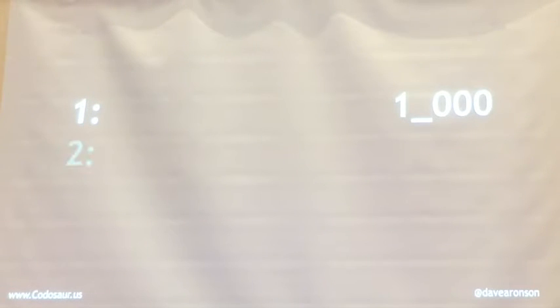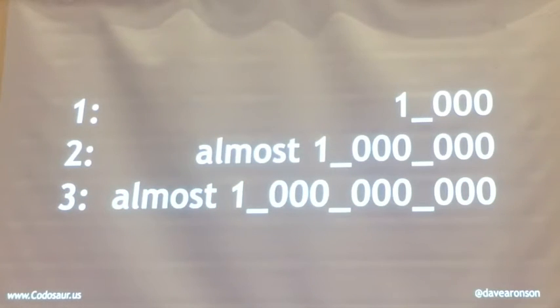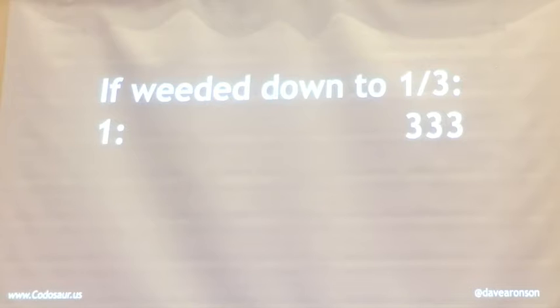If we allowed two, we would have almost 1 million, and with three we'd have almost 1 billion, and so on, multiplying by almost another 1,000 for each mutation we allowed further. Even if we weeded it down to about 1/3 at each step, with one we'd have 333, and 1/3, but I'm rounding.